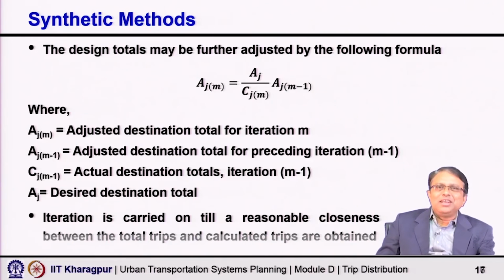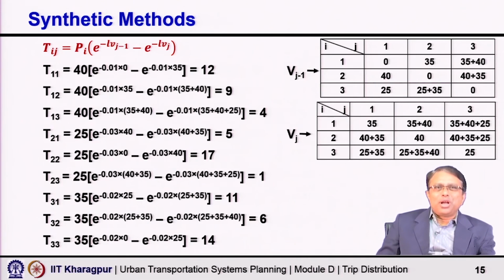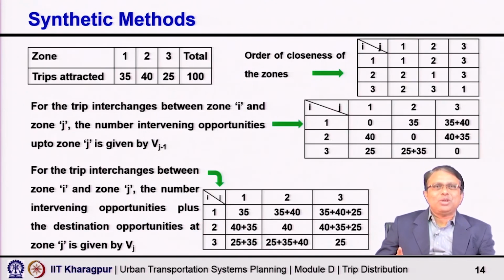The productions will not change, the order of closeness will not change, the procedure for calculation will not change, but with the revised attraction values, what we used in this model, the revised attraction values will come.